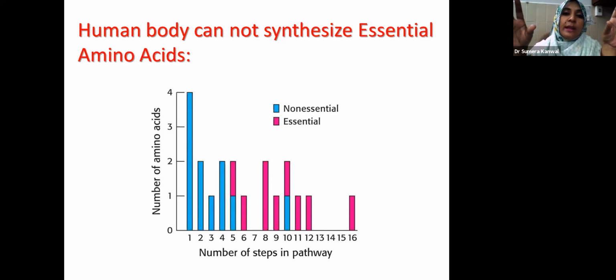So the human body is now deficient in a few amino acids, and we have some essential amino acids that must be obtained from the diet. This is the reason why a few amino acids are not synthesized by the human body, but plants can synthesize them.